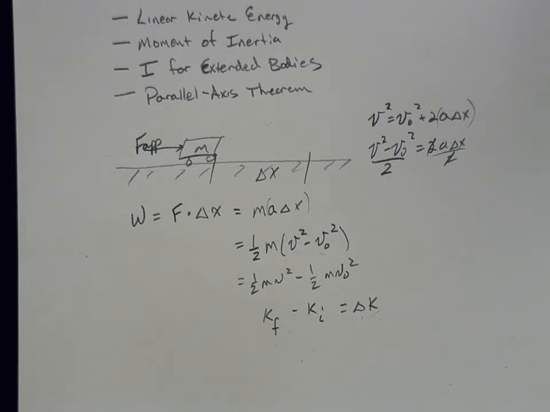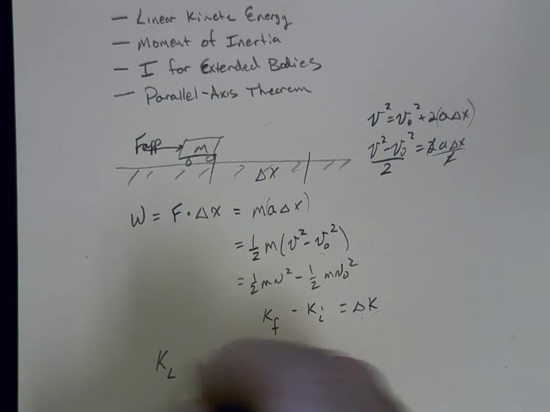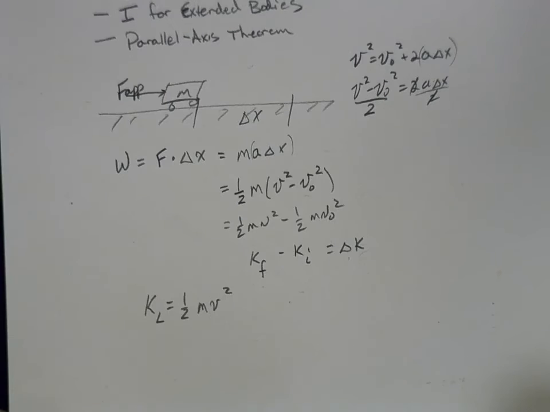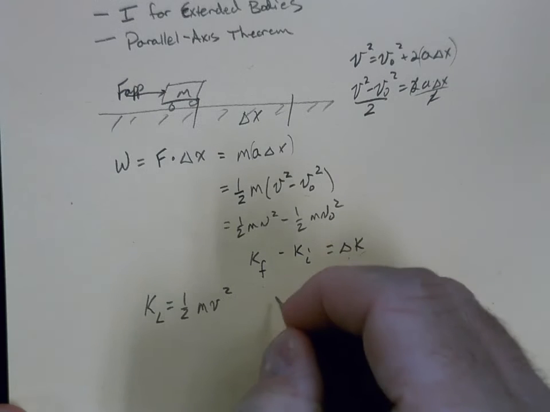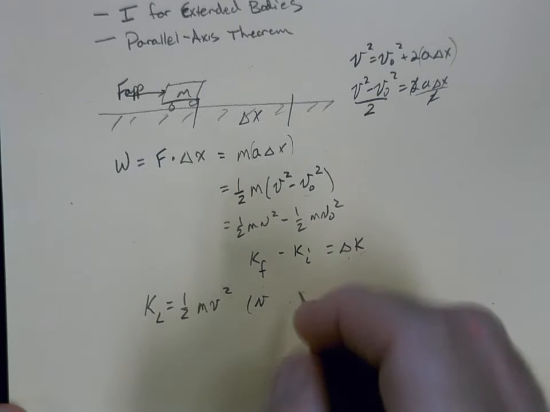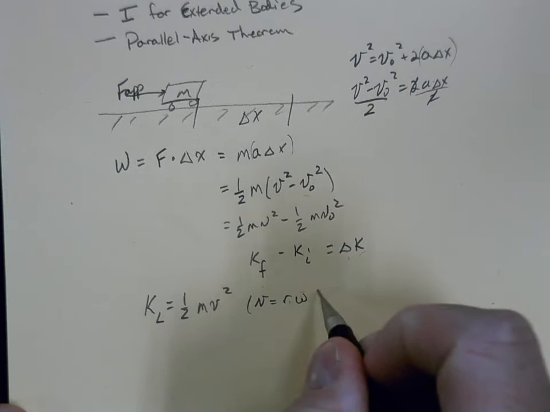Now, from here, we've determined that our linear kinetic energy is 1/2 mv squared. But from yesterday's lecture, we know that v in rotational motion is equal to r omega.